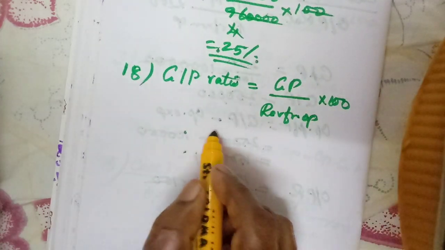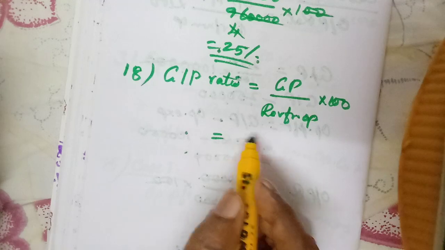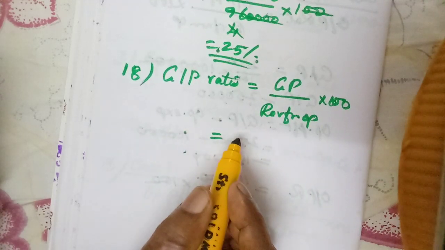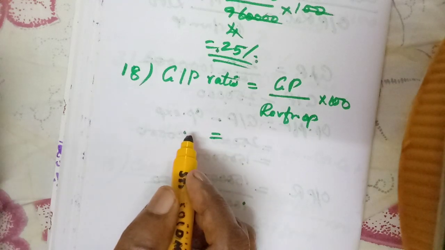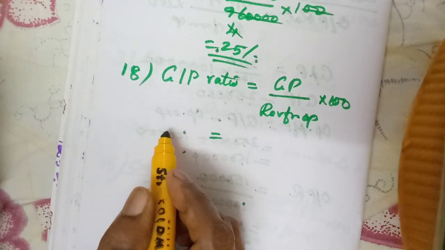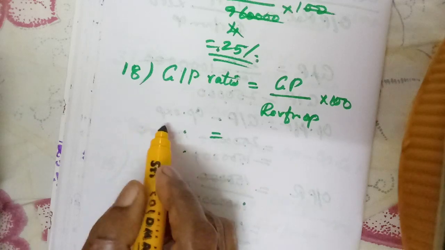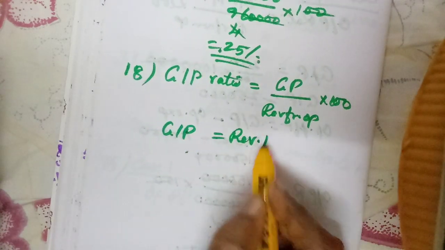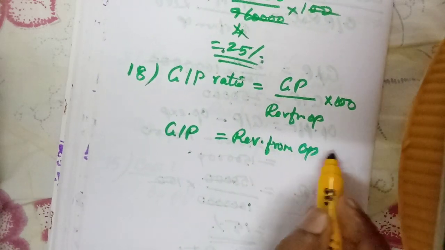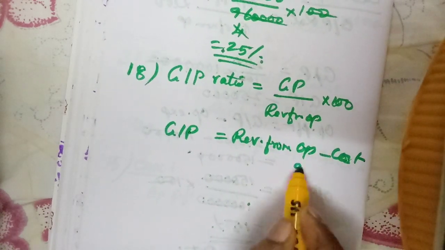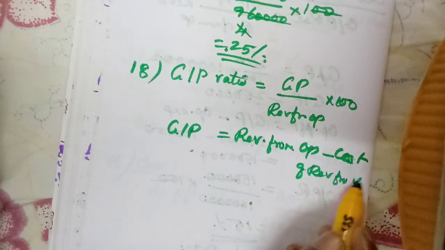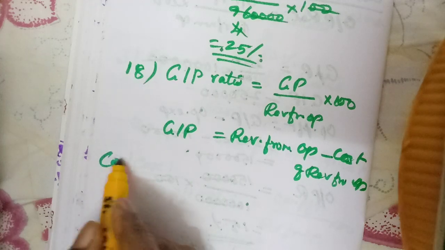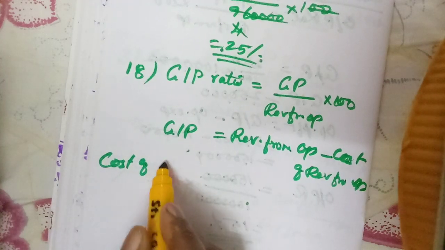Gross profit, we have to calculate, isn't it? Revenue from operation minus cost of revenue from operation. That also we don't know, isn't it? Cost of revenue from operation we have to calculate.